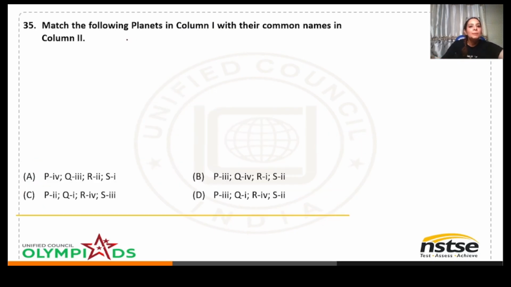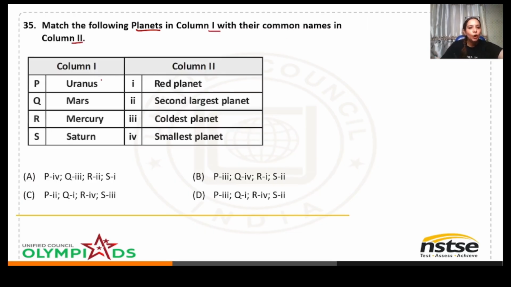Next question. Match the following planets in column 1 with their common names in column 2. So here we have column 1, we have the names of the planets, and in column 2 we have a few characteristics. Based on it, we have to match the correct planet with its own characteristic. So let's recall the facts. Solar system comprises of sun and planets.